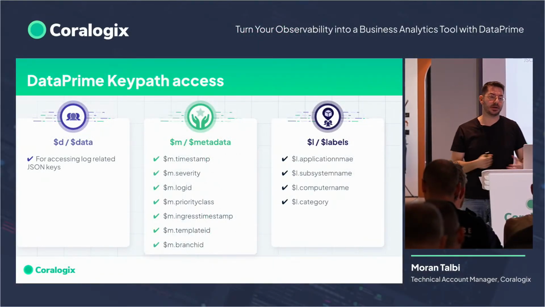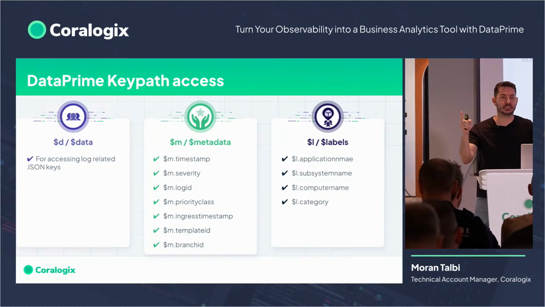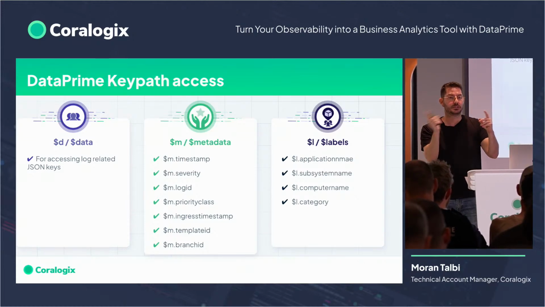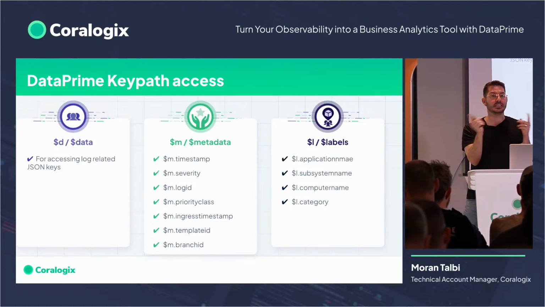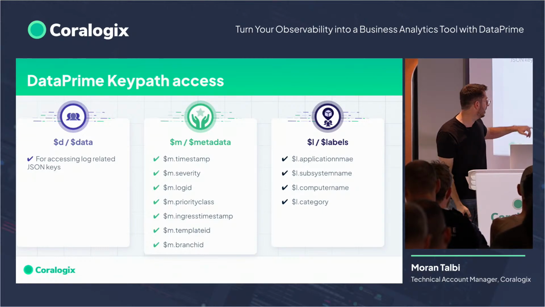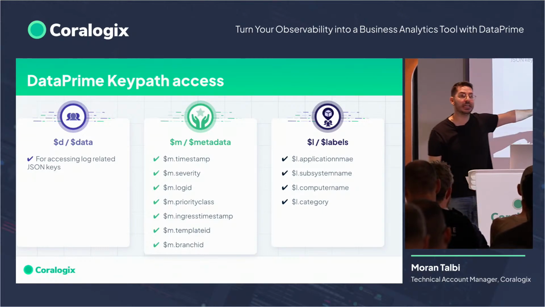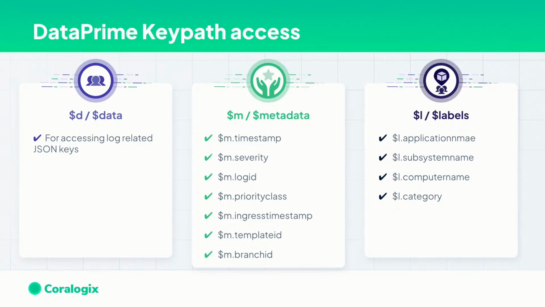So think about writing a simple query that calculates the delta between the timestamp and the ingress timestamp, and then you can track any meaningful lagging in your data. Template ID, for anyone using templates in CoreLogics, so template ID is available from $M template ID and branch ID.